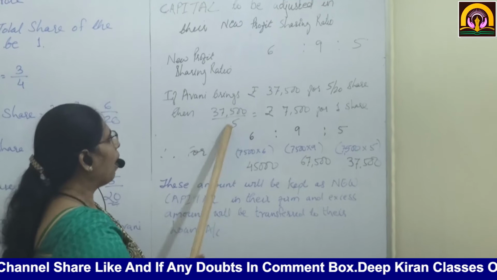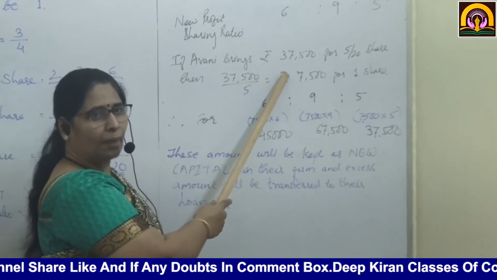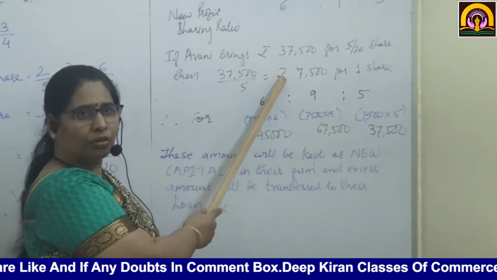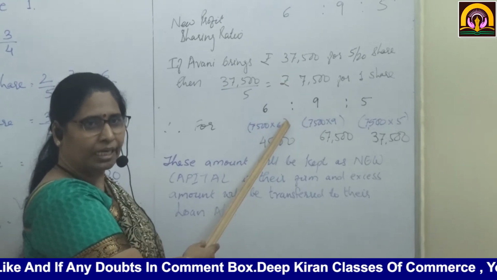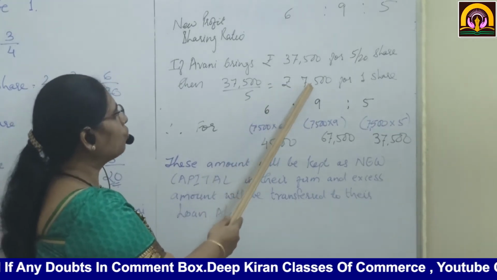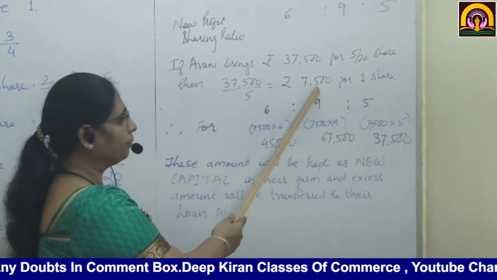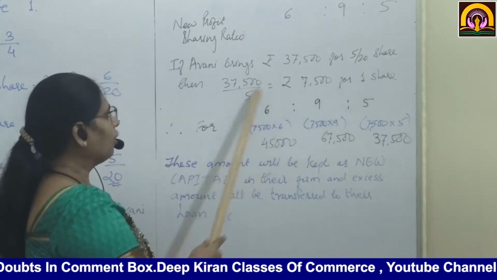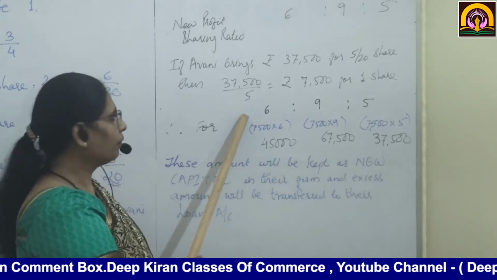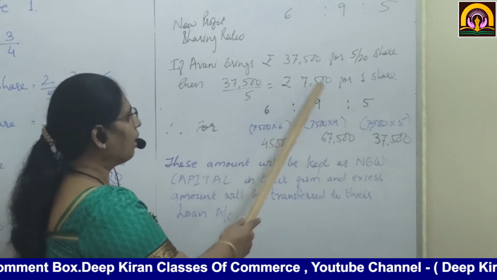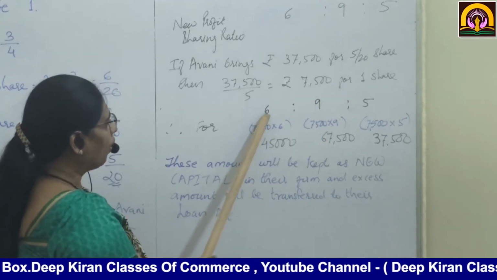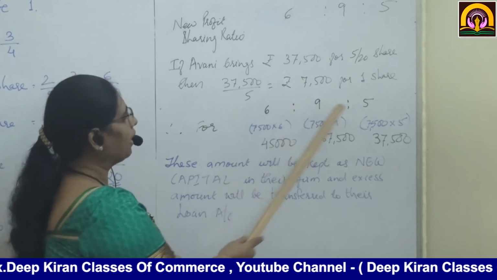Avni is bringing 37,500 as capital contribution for 5 upon 20 share. So for one share, how much does it come to? You will divide 37,500 by 5, so you will get 7,500 for one share. Now see, the new profit sharing ratio is 6:9:5.